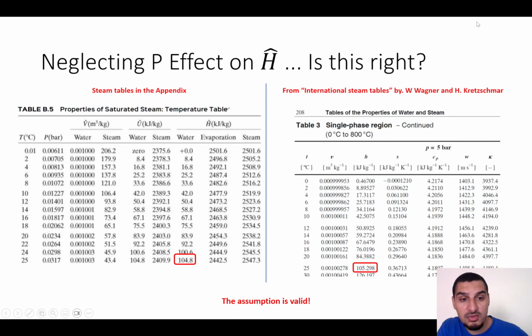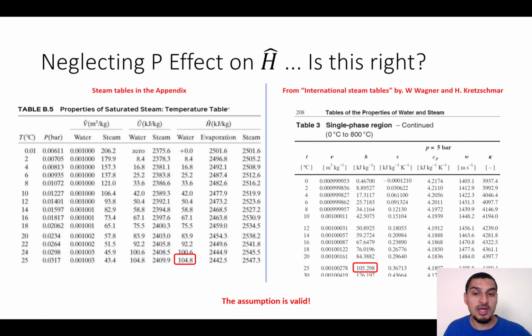In this steam table, you would see that there are tables for different pressures. So I have the pressure at 5 bar, and at 5 bars and a temperature of 25 degrees Celsius, the enthalpy is 105.3. So the difference between the value that we got and the true value of the enthalpy is less than 0.5 kilojoules per kilogram.